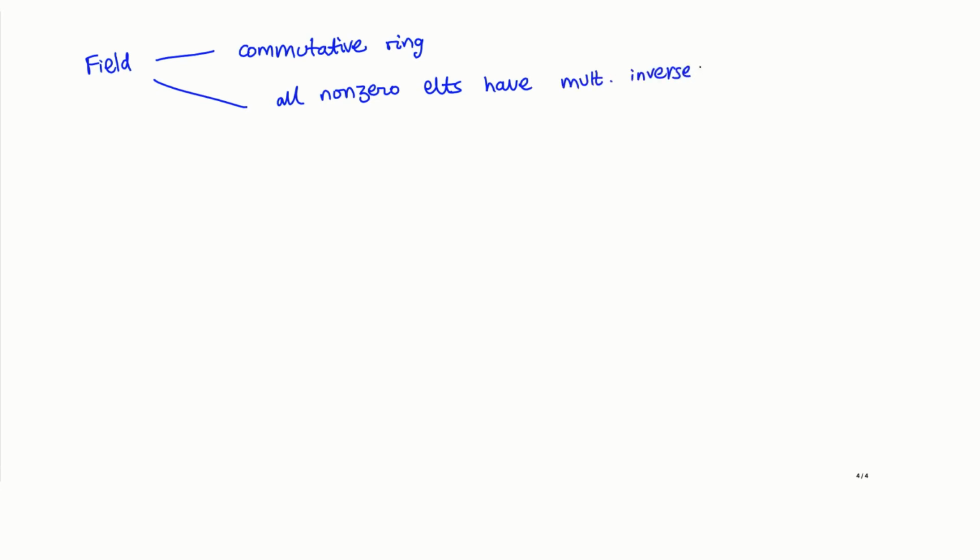Number one, it's a commutative ring. And the second important property is that all non-zero elements have multiplicative inverses. So these are the two important properties that a field possesses.